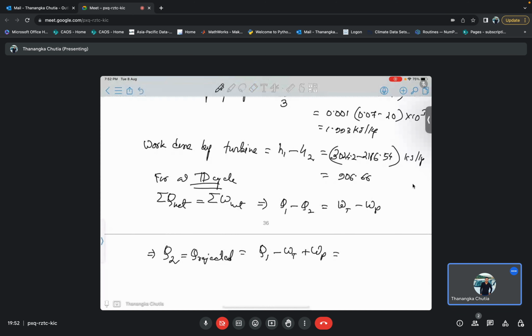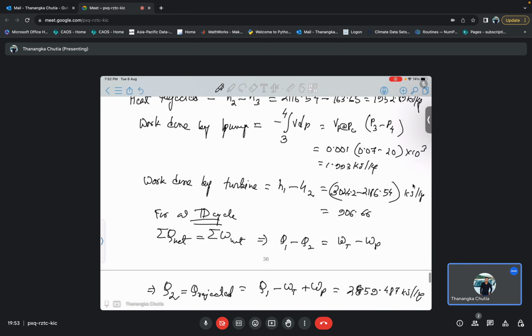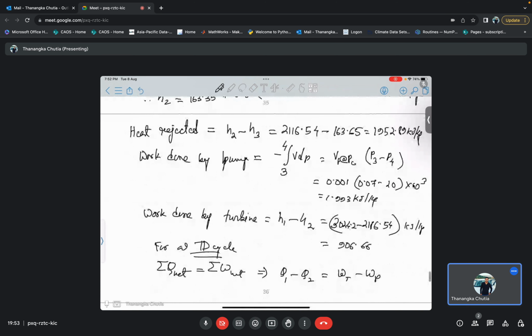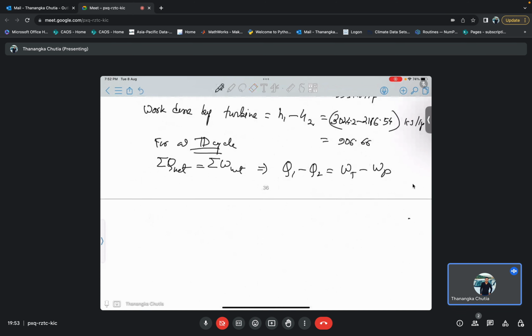You put all these values, and Q rejected we already have, so you will get Q1 as 2859.487 kilojoule per kg. This is your heat supplied.